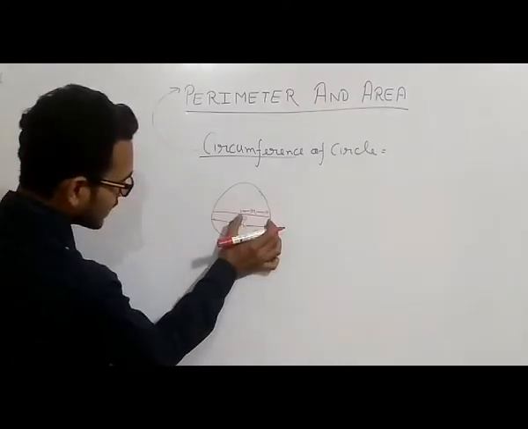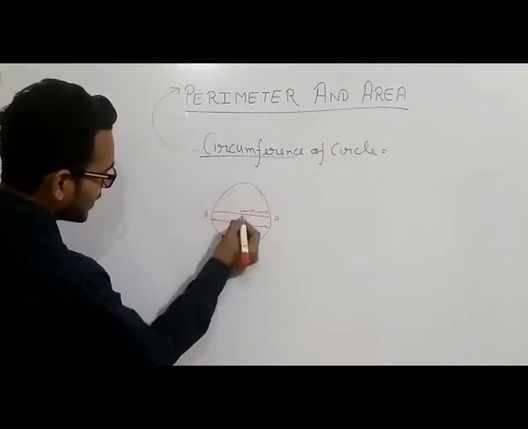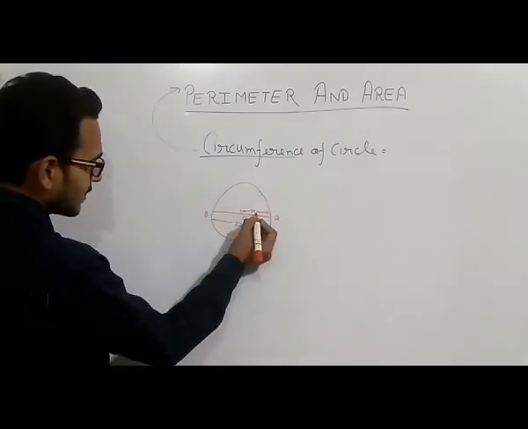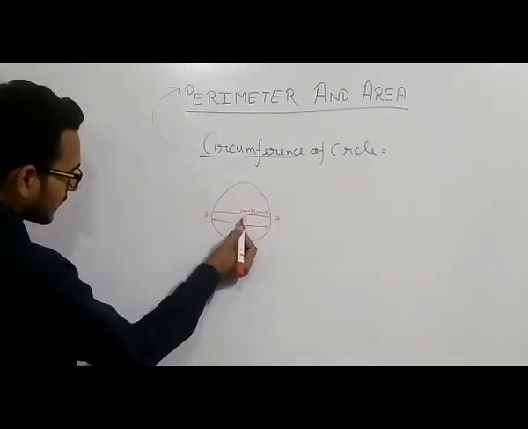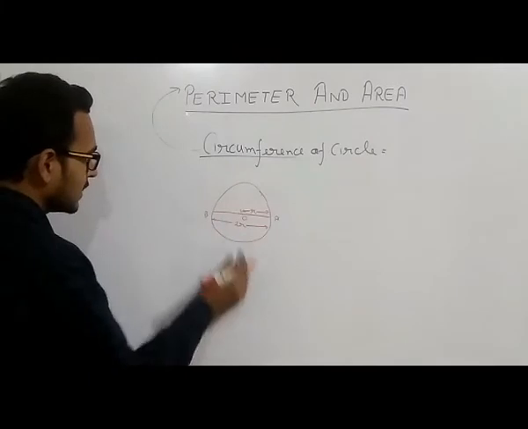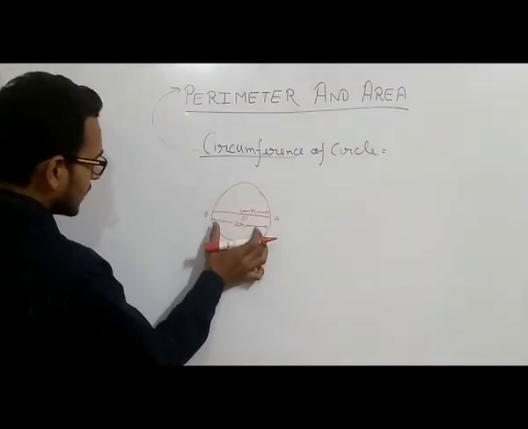If this line OA is the radius, then OB is also the radius. The value of OA is r, so the value of OB also becomes r. So the addition, AB, is equal to 2r.